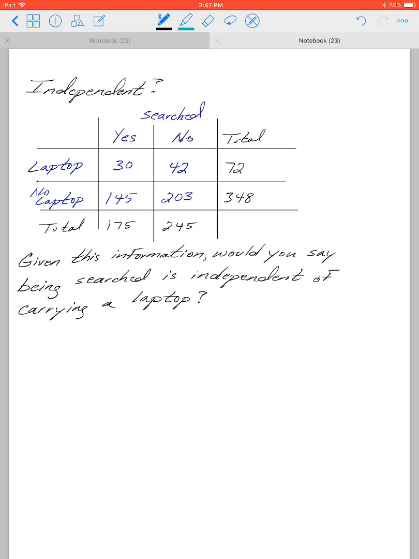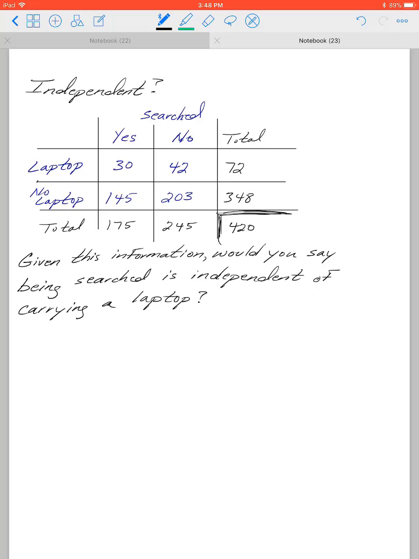Or the person, I'm saying I. If these two items are equal, then that means that laptop has no effect on search, so we would say, hey, these things are independent. But if they are not equal, then we'll say there seems to be some effect happening.